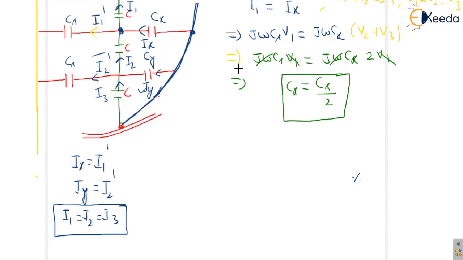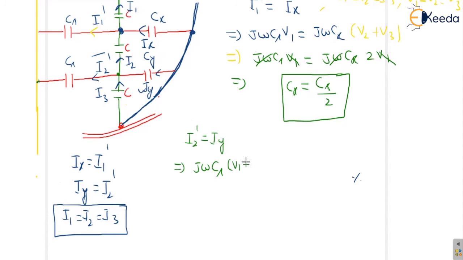Now we are going to calculate the value of Cy. From the diagram, I2 dash should be equal to Iy. I2 dash will be jωCs into the voltage difference across this capacitor, which is V1 plus V2.